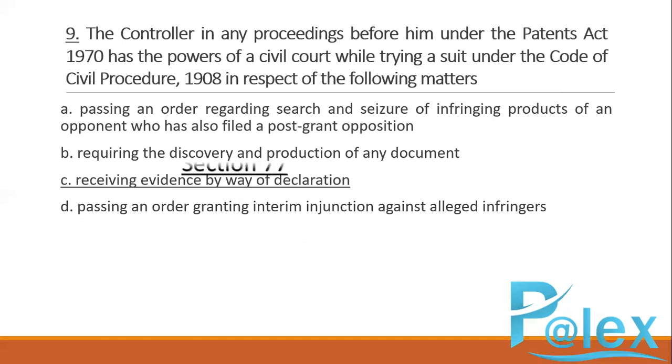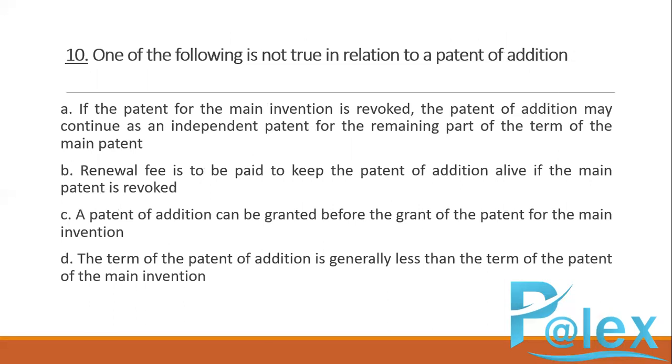Question number 10. One of the following is not true in relation to patent of addition. Now, patents of addition are for inventions wherein if there is a slight modification or any improvement in your previous invention, you file a patent of addition. If the patent for the main invention is revoked, the patent of addition may continue as an independent patent for the remaining term.